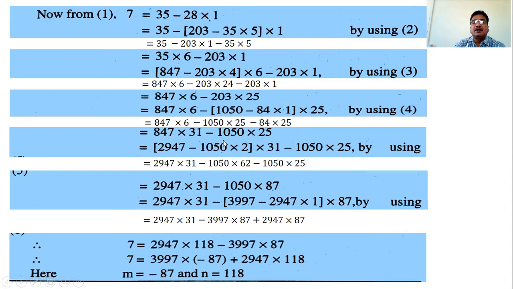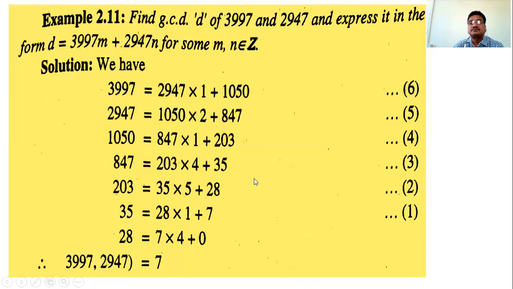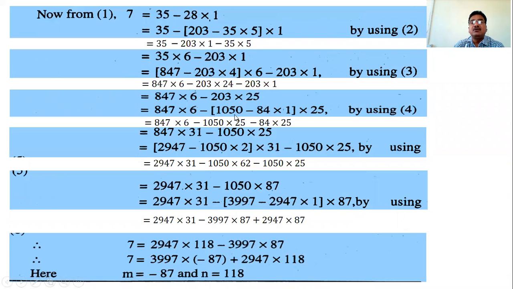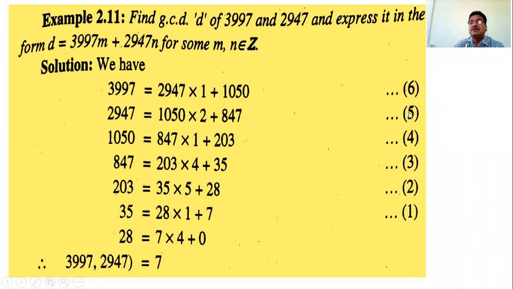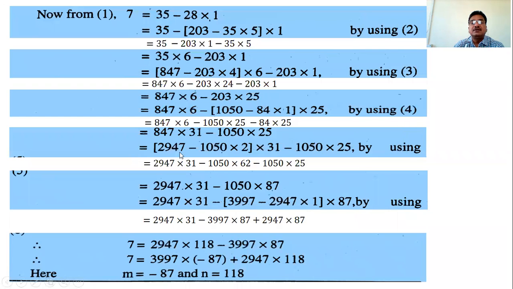Then use the next equation, equation number 5. So what is equation number 5? This is equation number 5. We have the value of 847 as 2947 minus 1050 into 2. So use equation number 1, then 2, then 3, then 4, then 5.